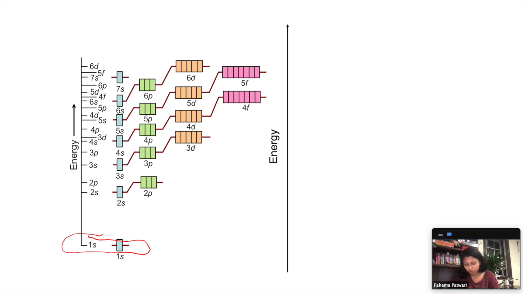Energy level 2 is higher, and of the 2 different sublevels, 2p has more energy than 2s, and 2p's got 3 orbitals in it. Now if we look at energy level 3, overall it's higher in energy than energy level 2, and it follows the same pattern where 3s is the lowest, then 3p, then 3d.